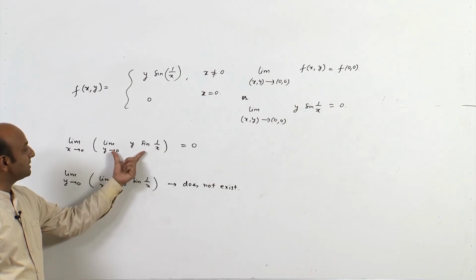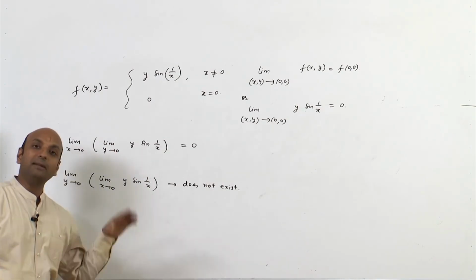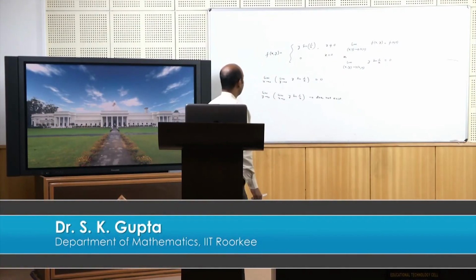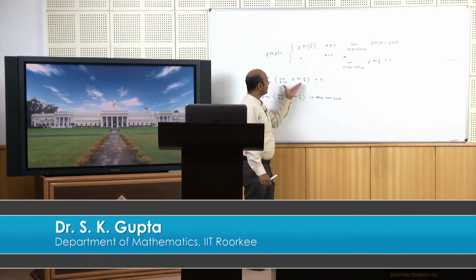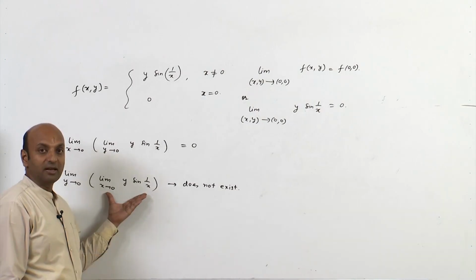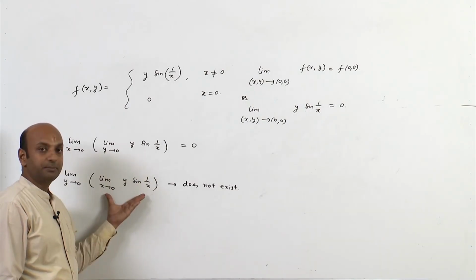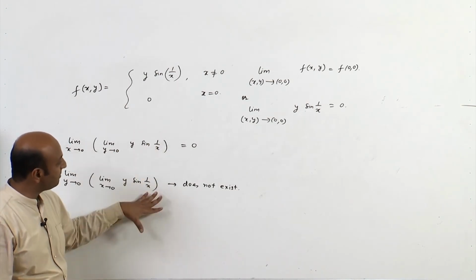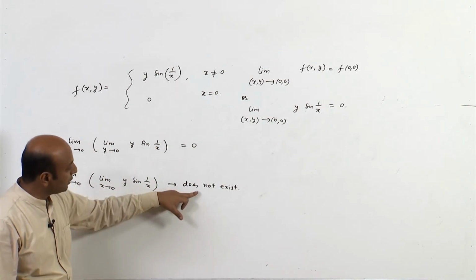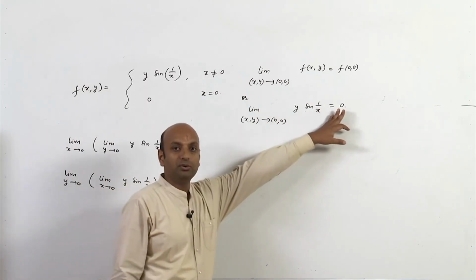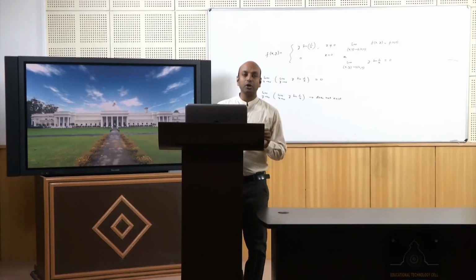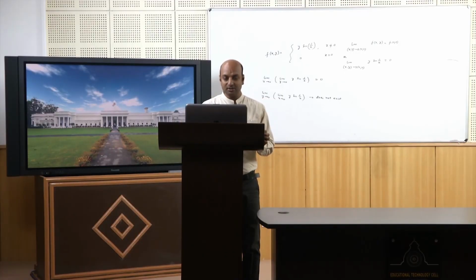Now, here this limit exists, but this limit does not exist. So, that implication does not hold. Is it clear? Because we can talk about the existence of the iterated limit only when the inside limit exists. So, hence in this example these limits are not equal, still the double limit is equal to 0. So, that is all about limit and continuity of several variable functions. Thank you.